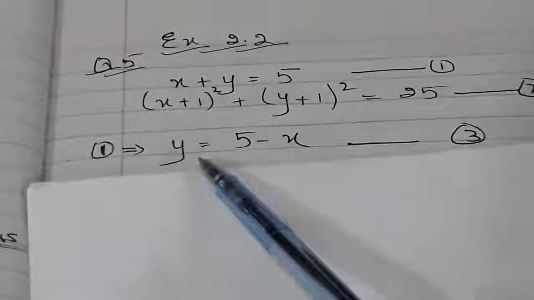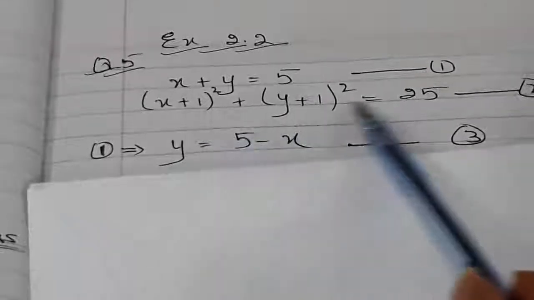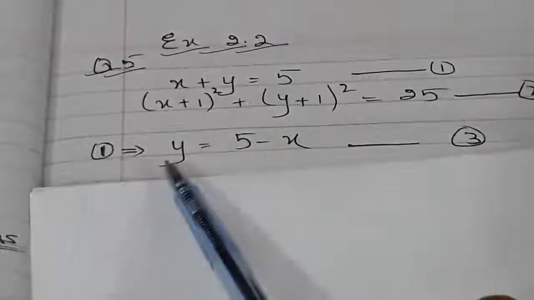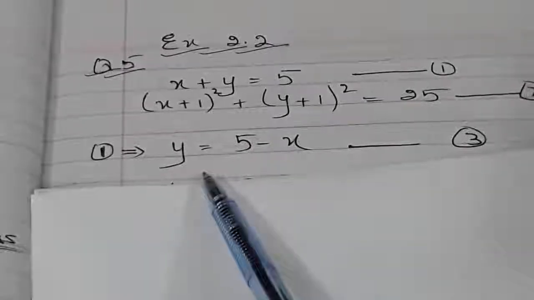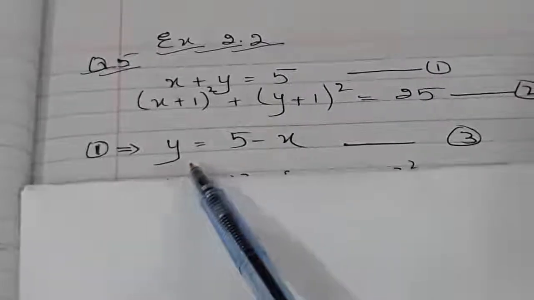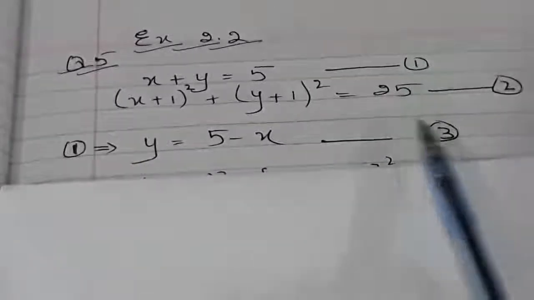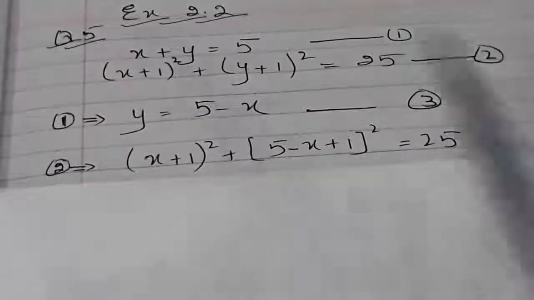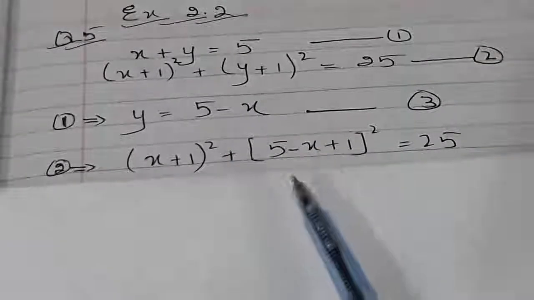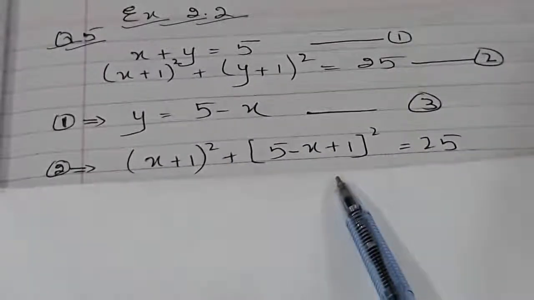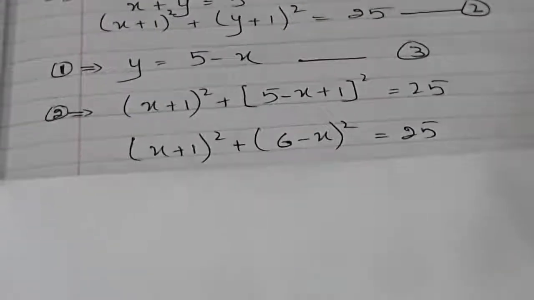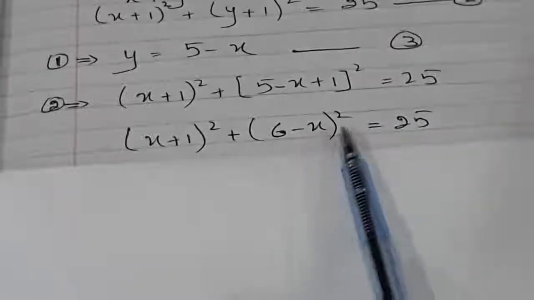And then this value of y I will substitute in equation number 2. I have mentioned here 1 implies because I am taking the value of y from equation 1, and then I will substitute it in equation 2. So here in place of y I am writing 5 minus x, and now I will simplify it. 5 plus 1 is 6 minus x, whole square.